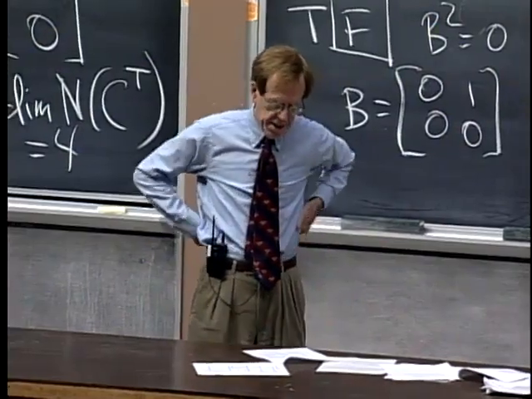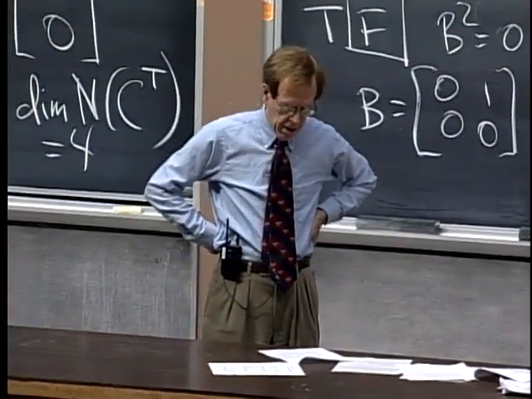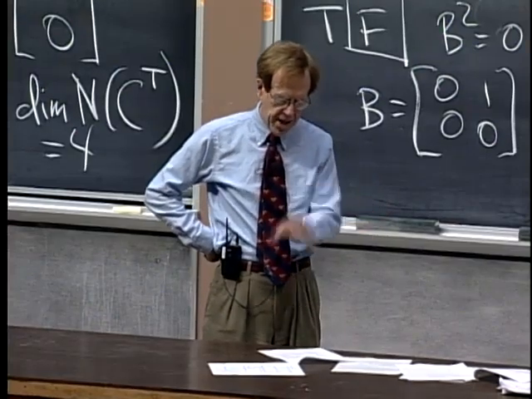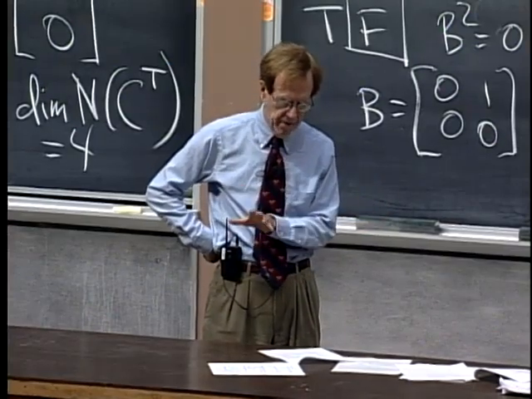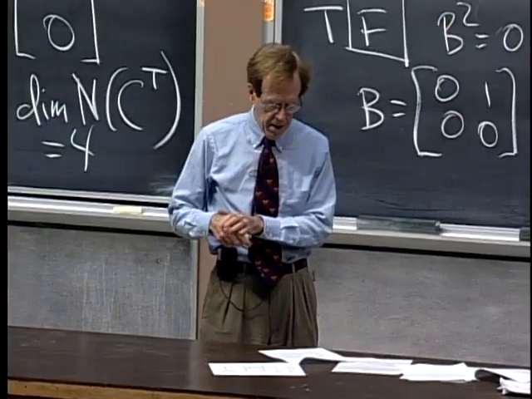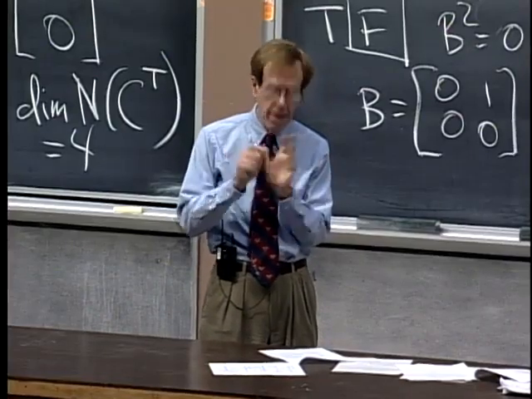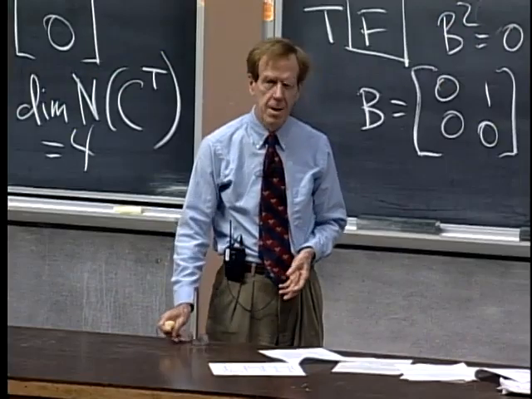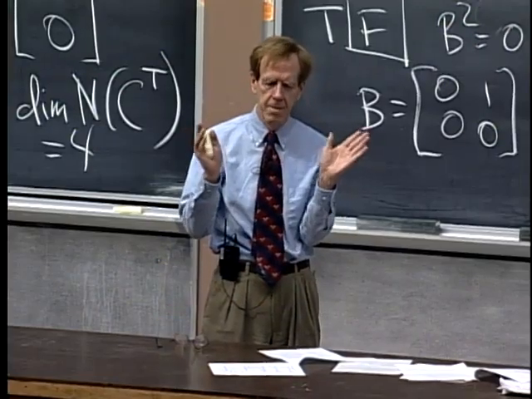A system of n equations in n unknowns is solvable for every right-hand side if the columns are independent. Can I say that again?